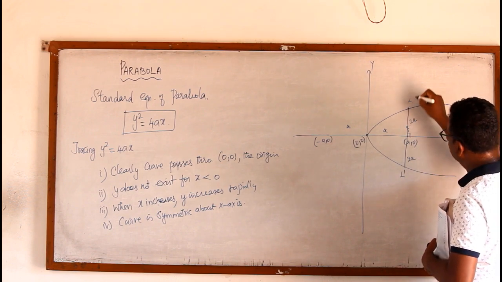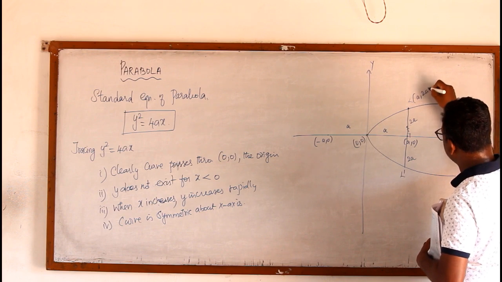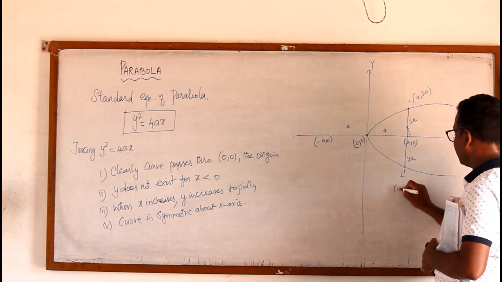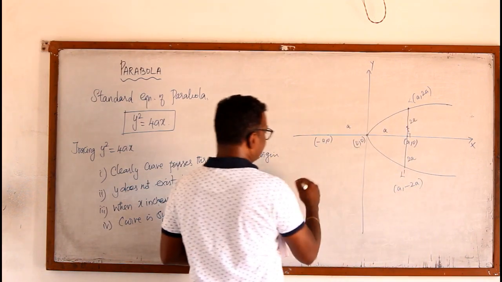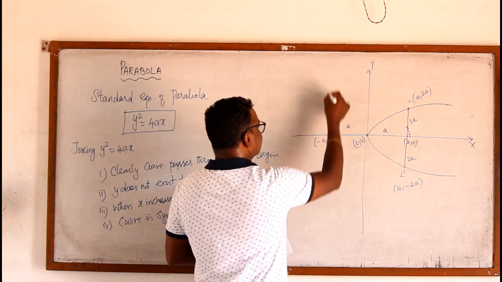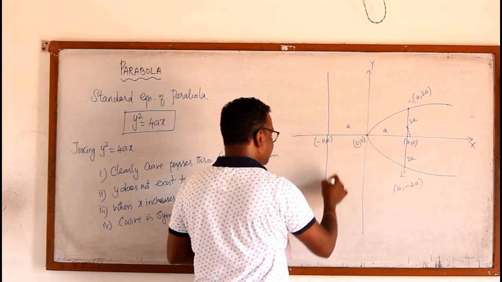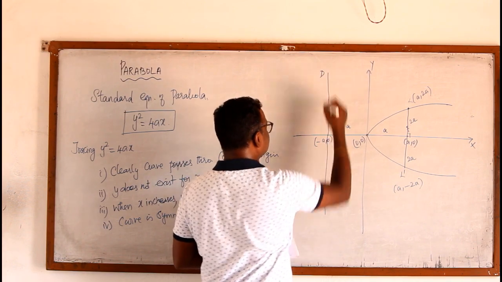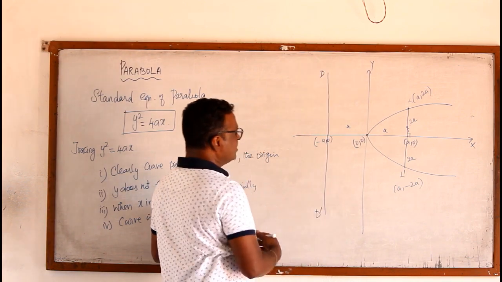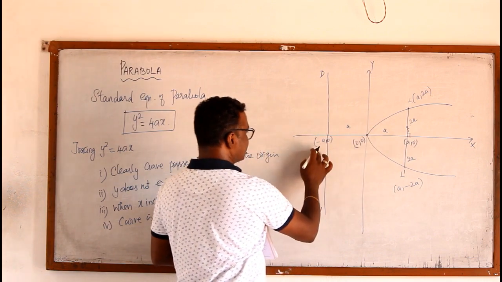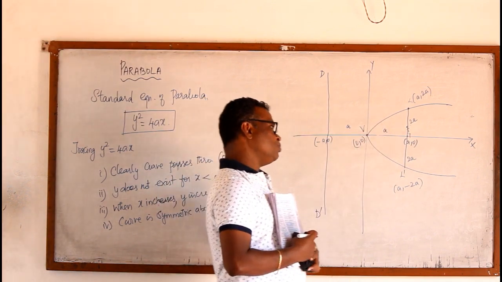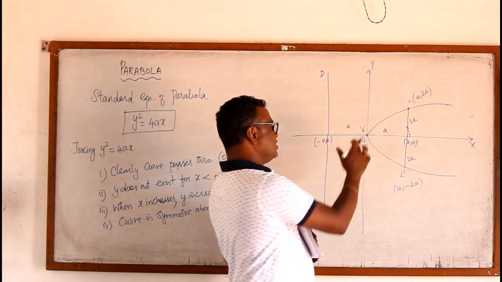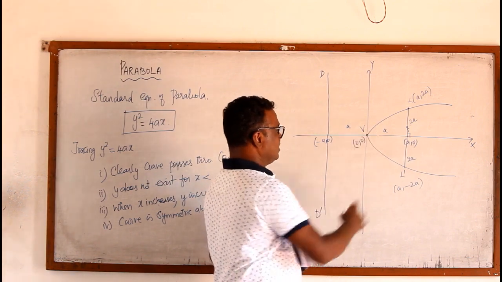Then we can write this point as a comma 2a, and this point as a comma minus 2a. Now along minus a comma 0, I have a straight line, and this is called the directrix DD dash. This is the focus, this is the directrix, and the point where the curve meets the axis is called the vertex.